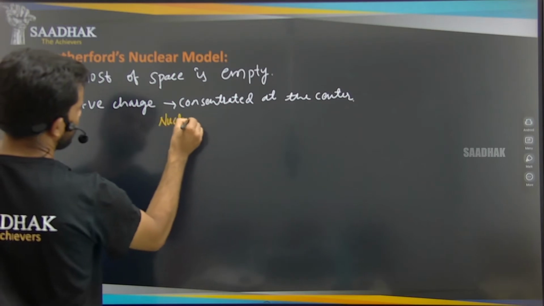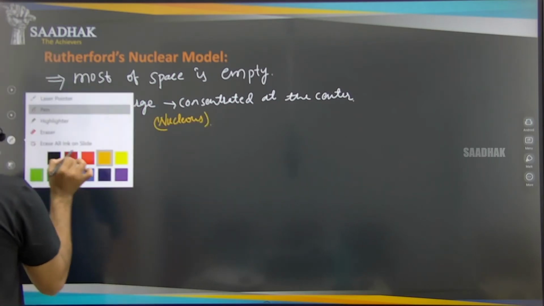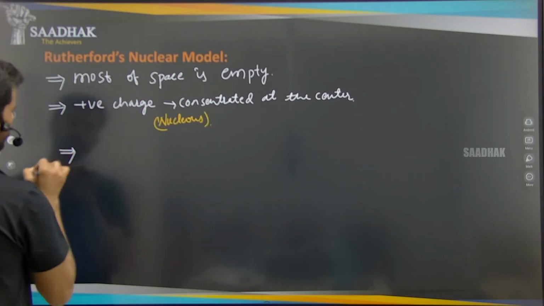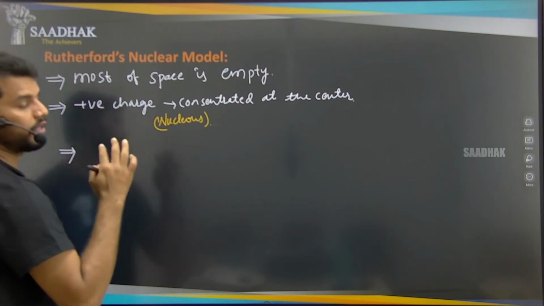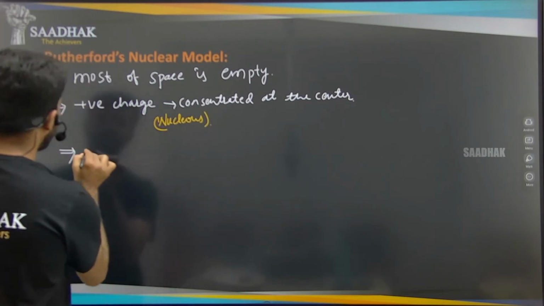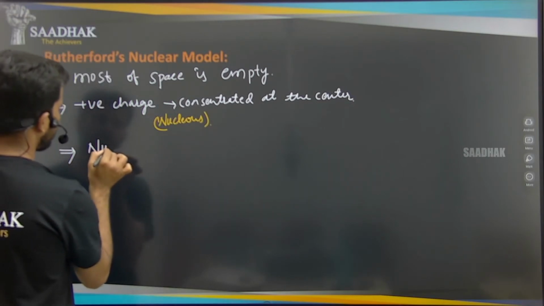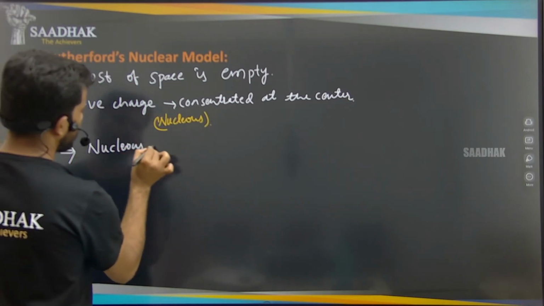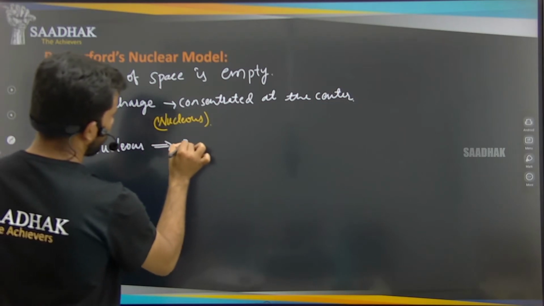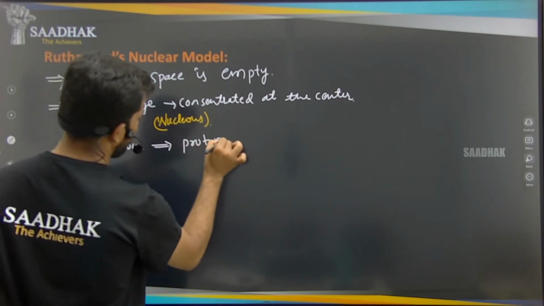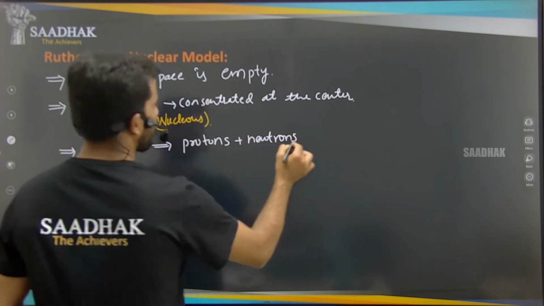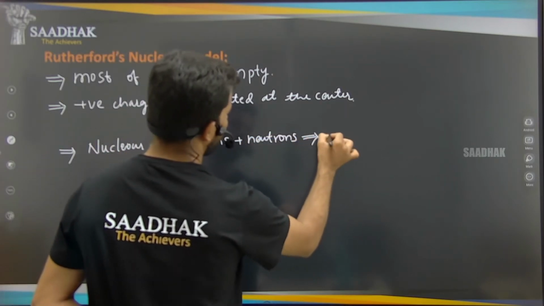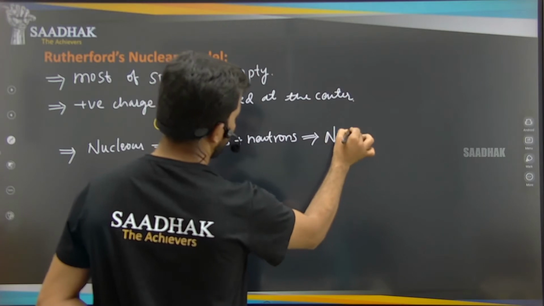Okay, and the positive charge that we already know after the discovery of protons, we say that this nucleus is having protons, which are positively charged, and the neutrons, so these are called the nucleons, right?